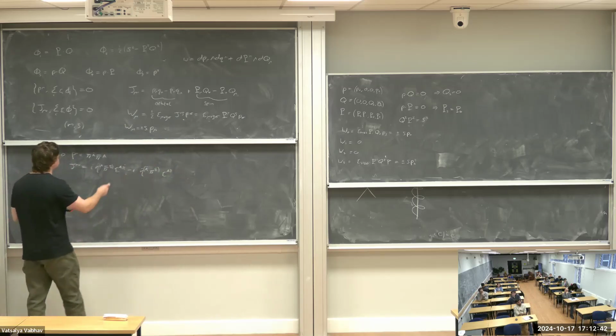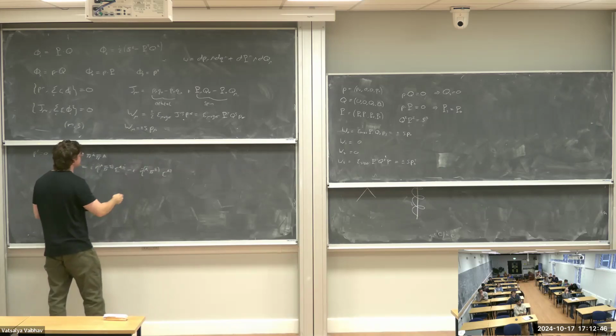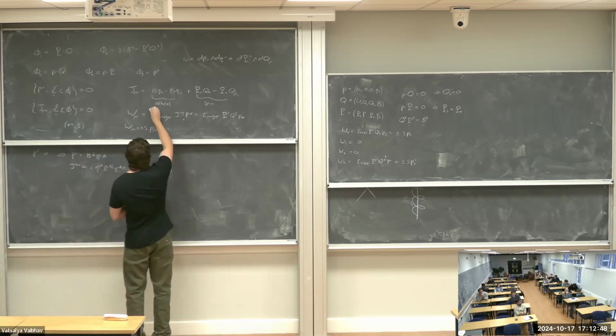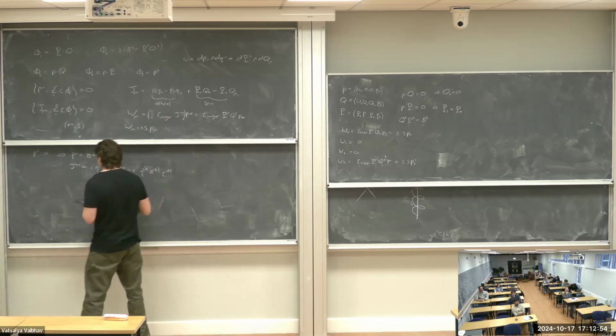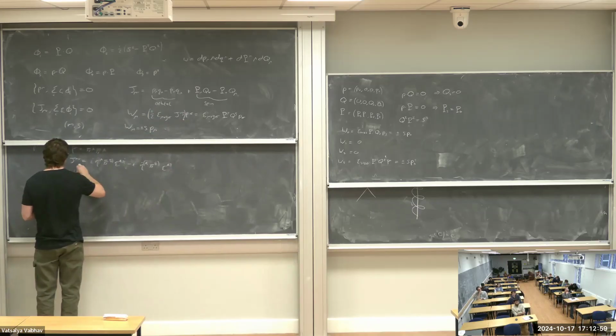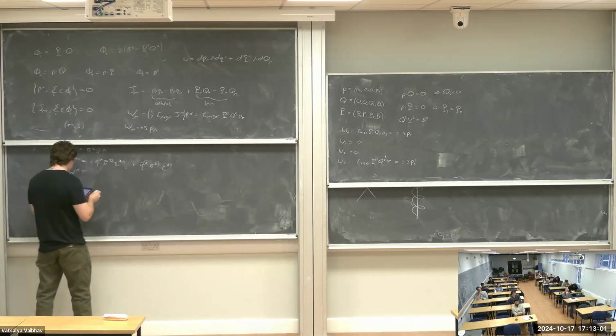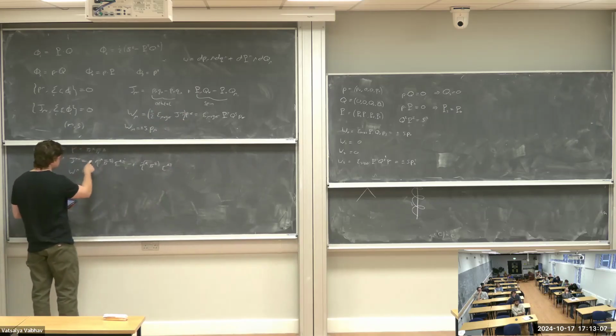So I have this constraint that the Pauli-Lubanski vector has to be proportional to P. This Pauli-Lubanski vector you can look at as the dual of J, just J dual contracted with P, which means this W mu becomes the dual.